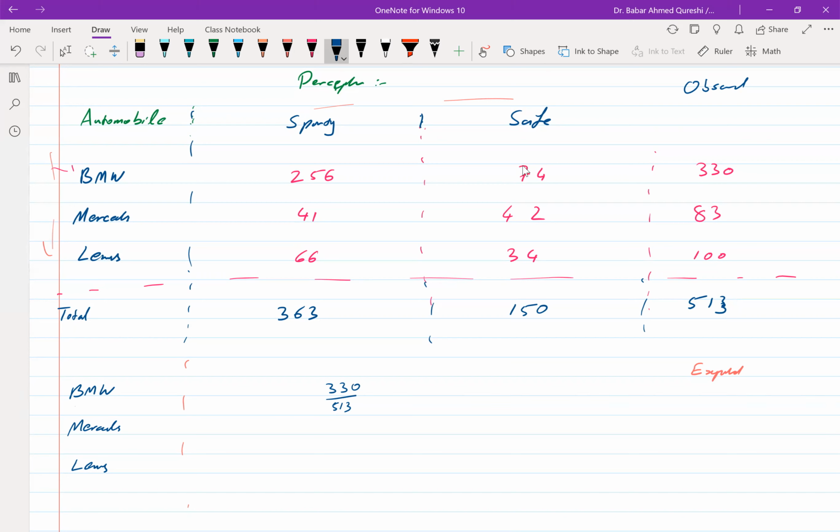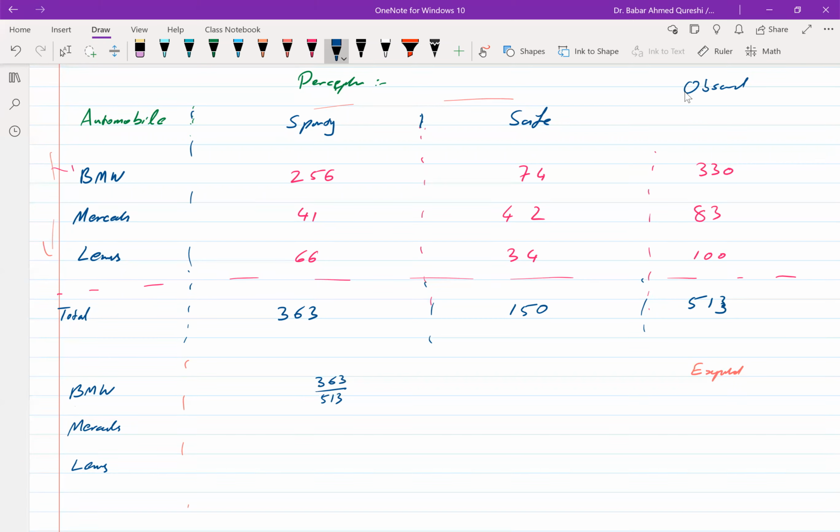And so you can use, it doesn't matter which way you use this logic of probability. So for example, you can say that 363 out of 513 had a chance of saying when they hear a brand that it's sporty. So that's the probability of them saying sporty.